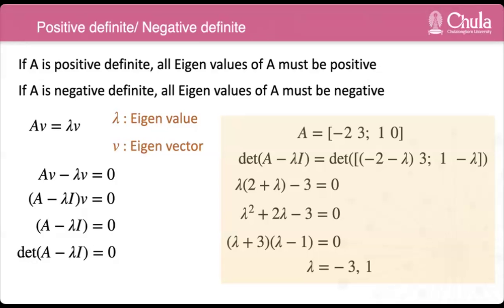If not, you cannot multiply it. And AV equals lambda V, where lambda is a scalar. And V, I use the same symbol, so it must be the same thing: the V vector here and the V vector here. You see, if A is 2 by 2, V is 2 by 1, what is the dimension of the result?